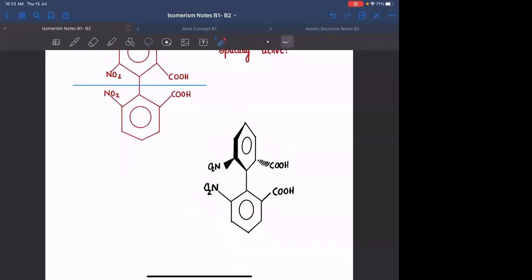This is non-planar. So if you are passing a plane, ये जो benzene ring है, this can be present on the plane, but यहाँ पे this part and this part are not same. Okay, so there is no plane of symmetry. Clear? Is that clear? Yes.